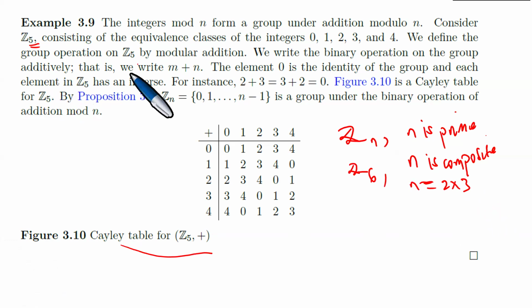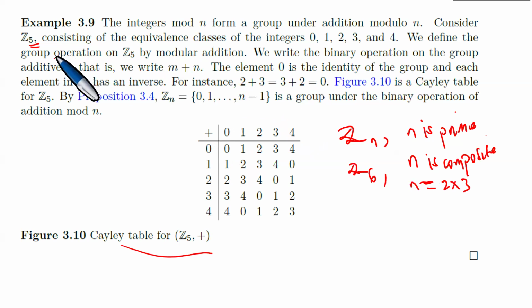In example 3.9, the integers modulo n form a group under addition modulo n. Consider Z5 consisting of the equivalence classes. Look at how the author of the book presents this example. He says you consider Z5 consisting of the equivalence classes of the integers 0, 1, 2, 3, 4.